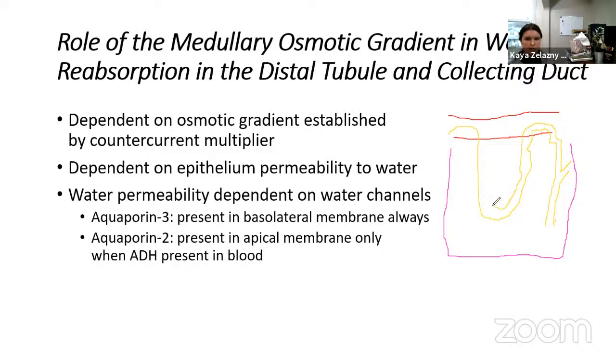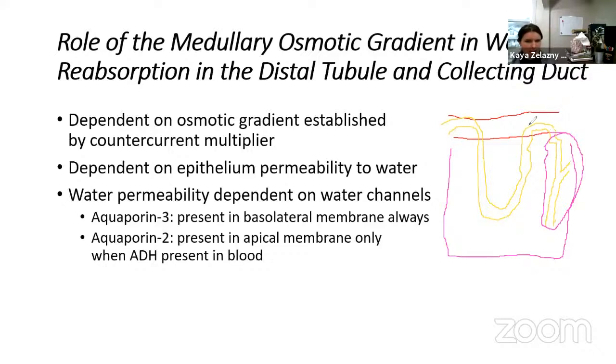Okay, so what we want to note here is that our distal tubule and our collecting duct, right, they are here diving into the medulla, right? So when we say that the loop of Henle sets up the osmotic gradient in the medulla, this is what it's setting it up for.